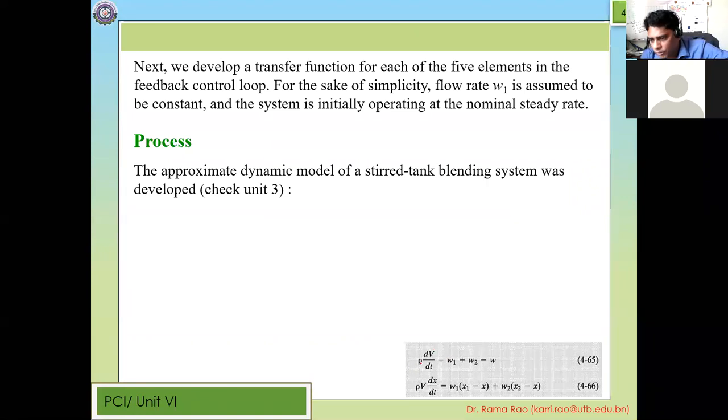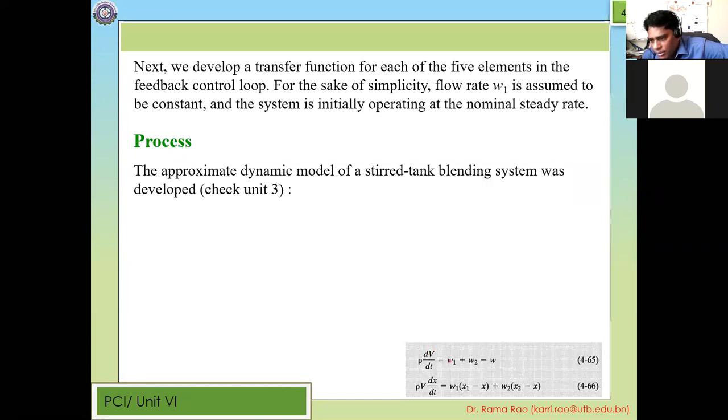So now we have two equations. The first equation is your material balance equation, that is rho dV/dt is W1 plus W2 minus W. The second equation is the component mass balance, that is V dx/dt. If the volume is constant, then in the first equation the left side is equal to 0.